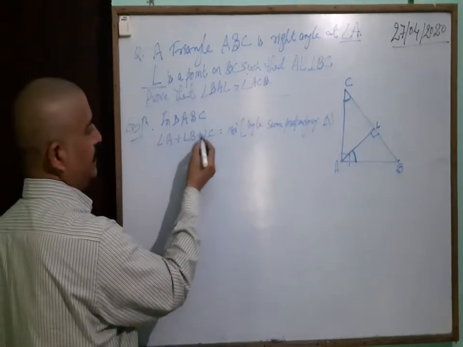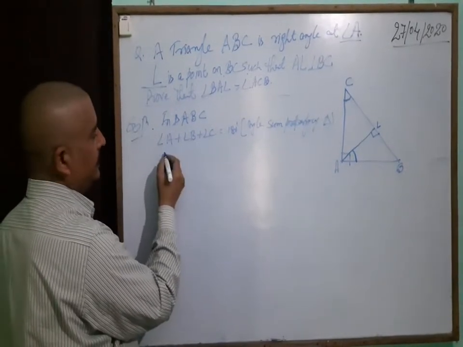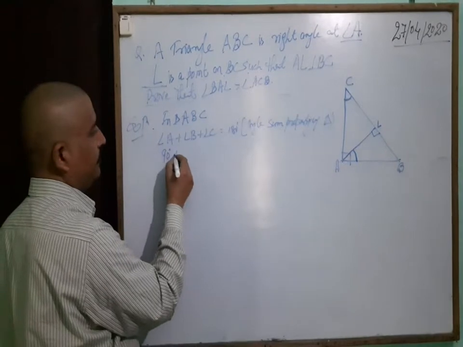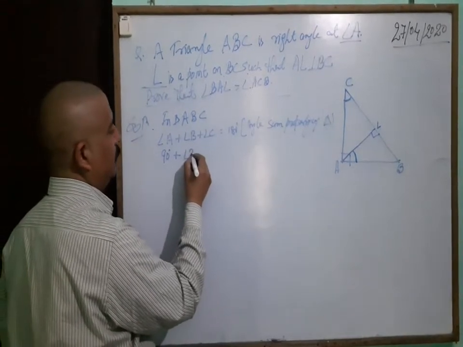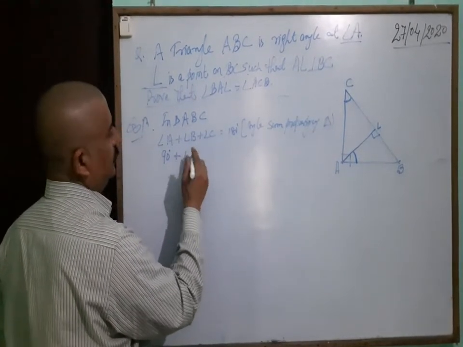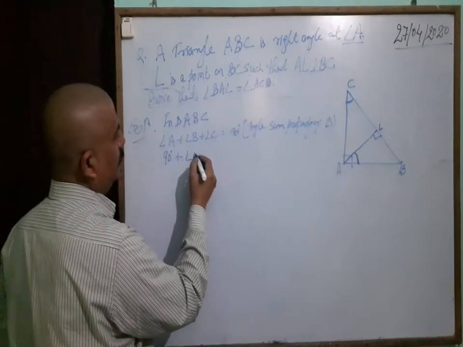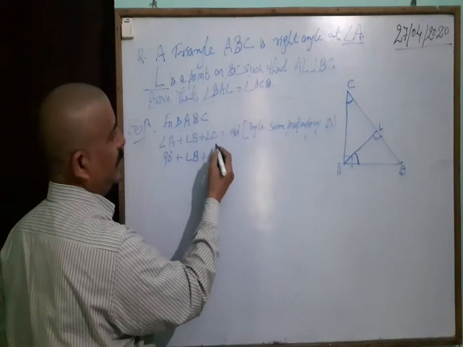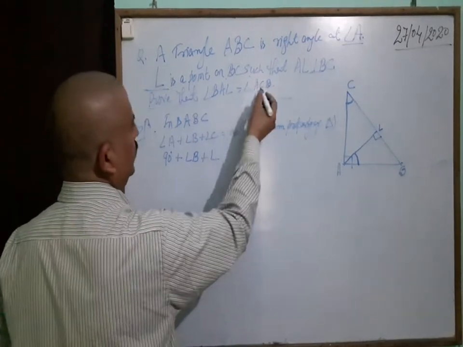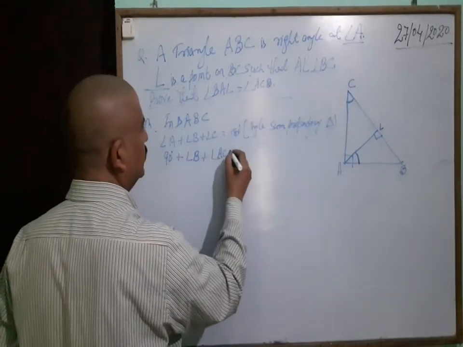Angle A is 90 degrees, plus angle B, plus angle ACB is equal to 180 degrees.